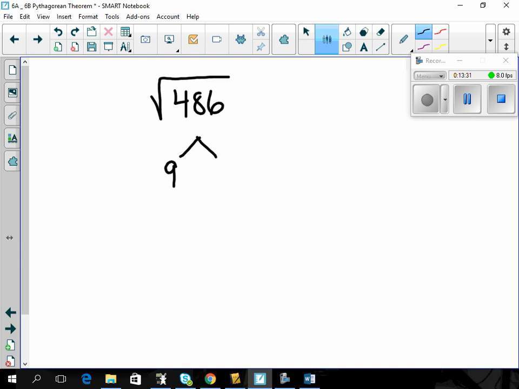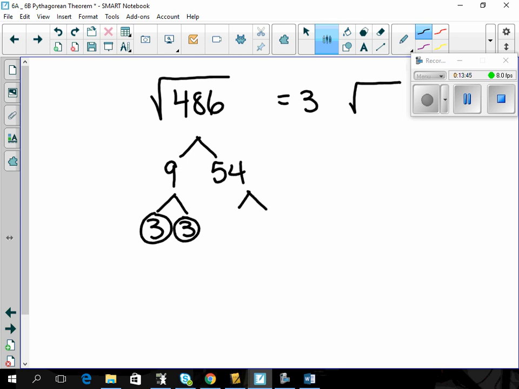It's 9 times 54. Why did I want to use a perfect square? Because it gives me a pair. That tells me that that number goes on the outside of the radical. Let's keep reducing 54. That would be 9 and 6. Again, I have another pair. So it's going to come on the outside. The 6 just becomes a 2 and a 3.